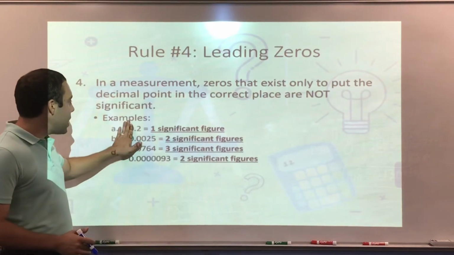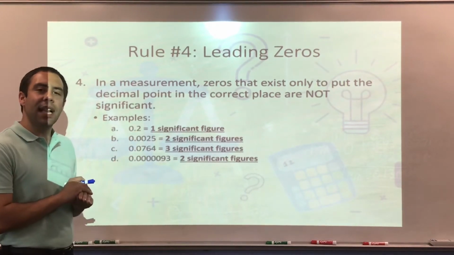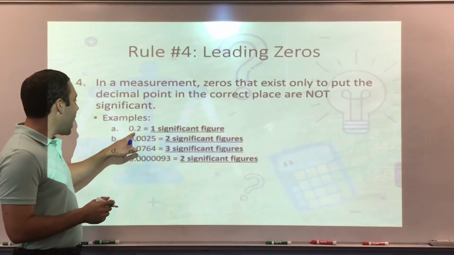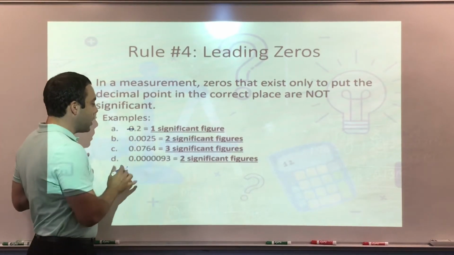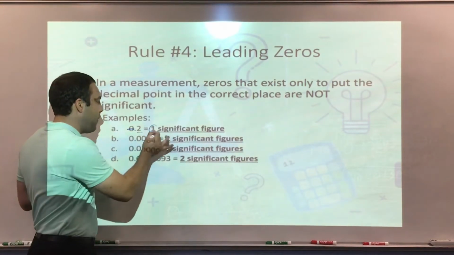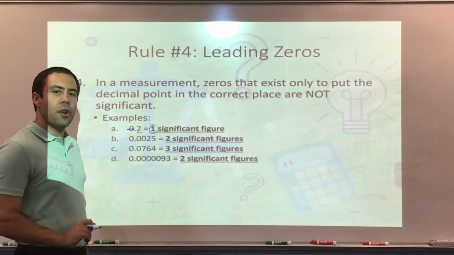It has to be there to put the decimal point in the correct place. It does not tell us anything about the measurement. So in this case, we forget about that first 0, and that 2 is going to be the only significant figure. You have to start with the first non-zero number.